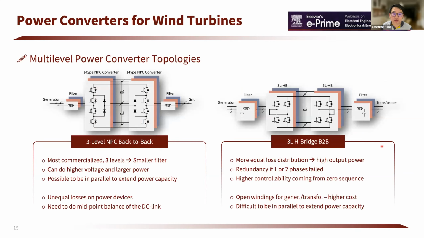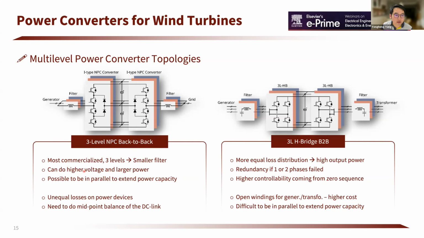Another solution to handle higher power is to use multi-level converter topologies, for example, the 3-level NPC back-to-back converters. This is the most commercialized multi-level converter. Because you have more voltage levels compared to 2 levels, you can use small filters to get a nice output at the grid side.